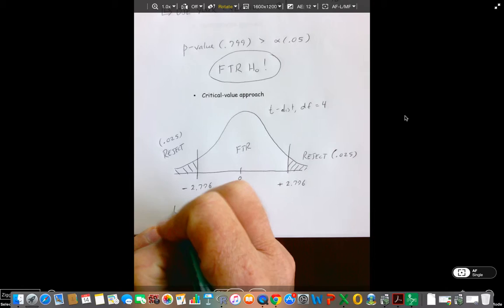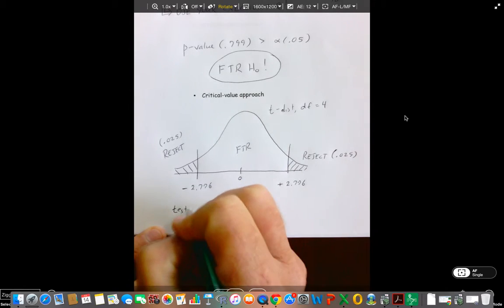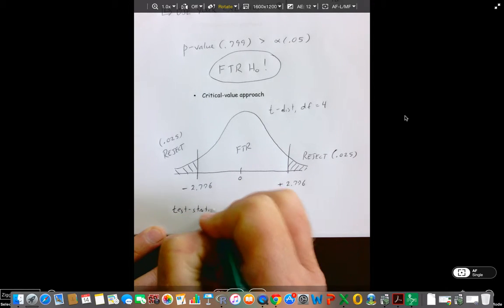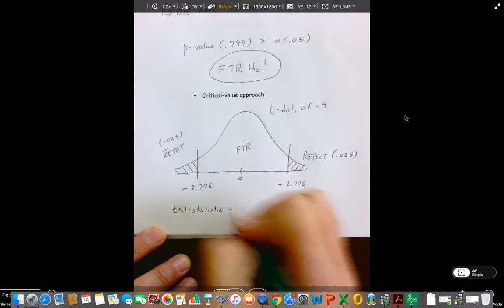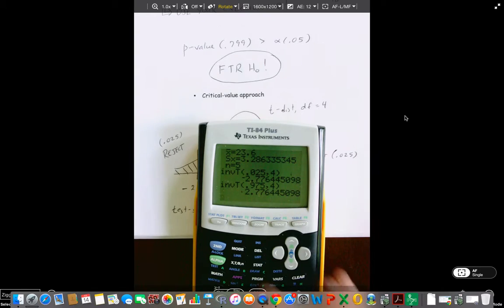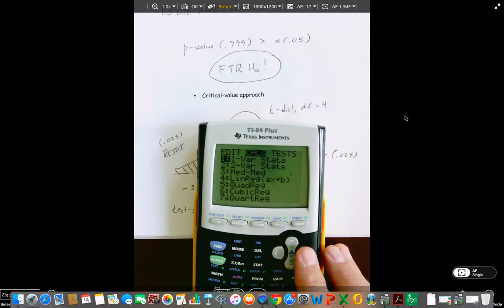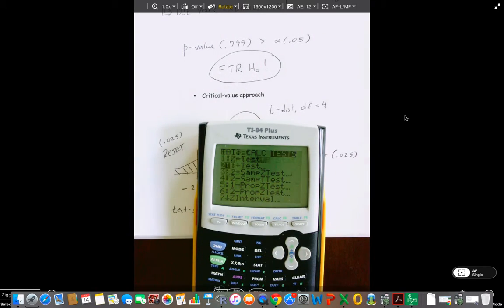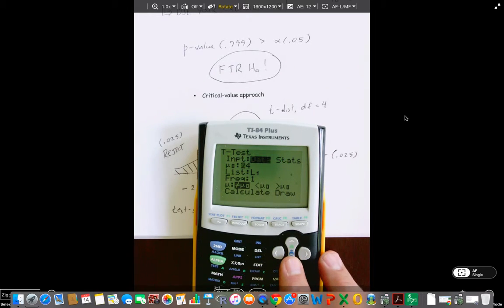Now, where is our test statistic? Our test statistic, which we can actually get from our calculator. If we're tricky enough, we don't have to do all that by hand. We can go t-test. We've got the data, 24, L1. Got that set correctly?